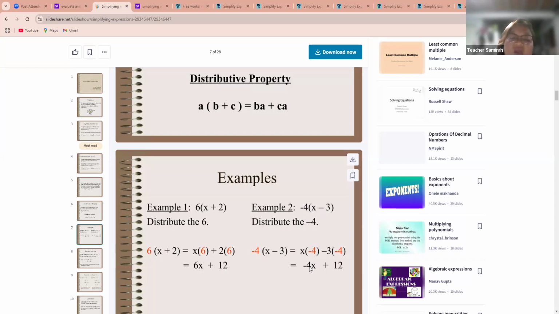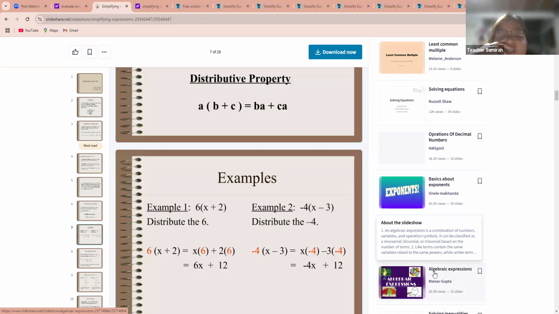When I multiply negative 4 by x, it gives negative 4x. And if I multiply negative 3 and negative 4, it gives a positive value. Remember the multiplication of integers? Negative times negative gives positive. That's why the answer is positive 12.